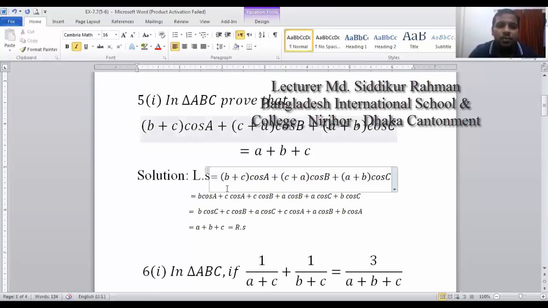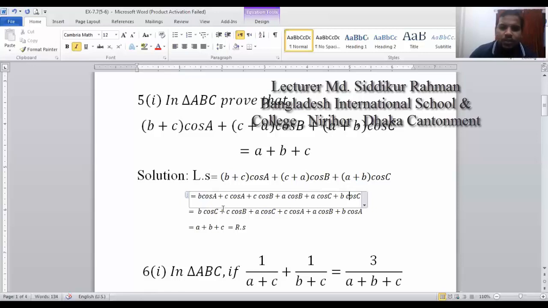Left side is (b plus c) cos a plus (c plus a) cos b plus (a plus b) cos c. It's very easy. We have to multiply. We get b cos a, c cos a, c cos b, c cos b. Similarly, a cos b, a cos c, and b cos c.